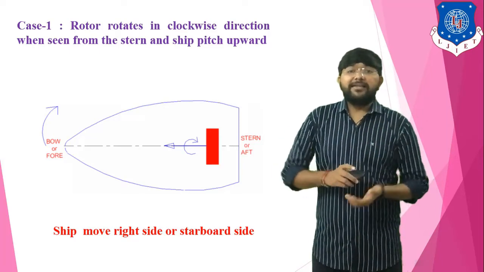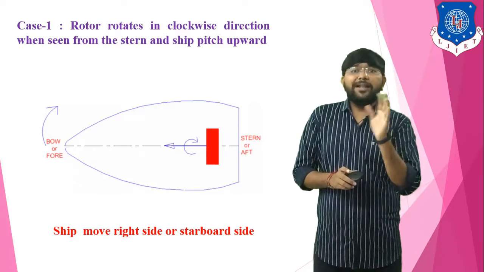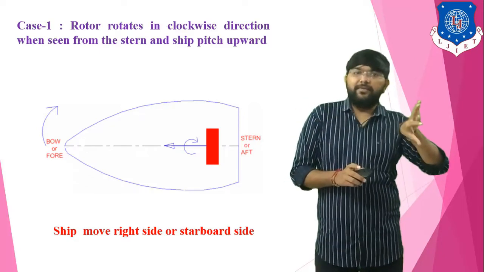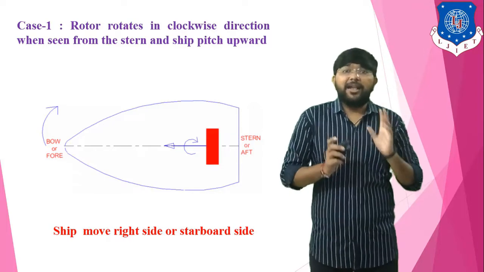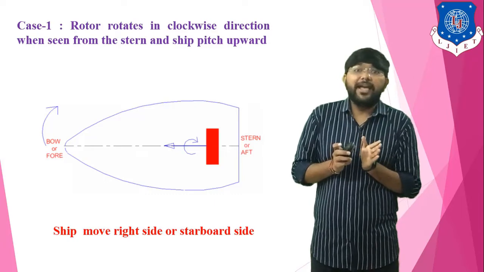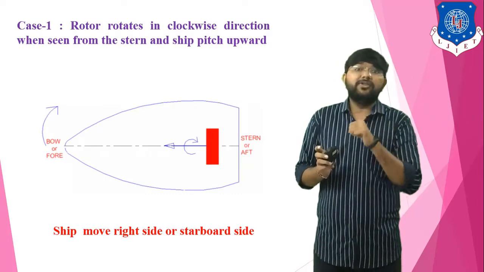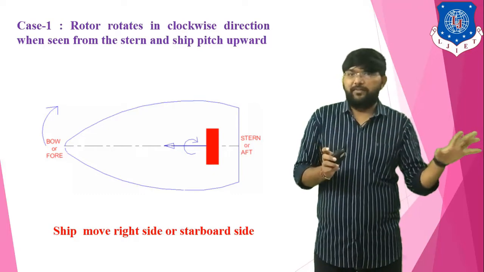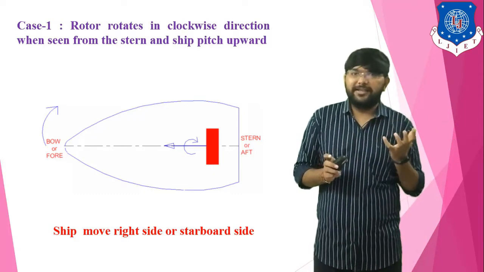For example, if you run in a straight direction and someone pushes you from the side, your body tends to move in an inclined direction. So we use this fundamental in this case.